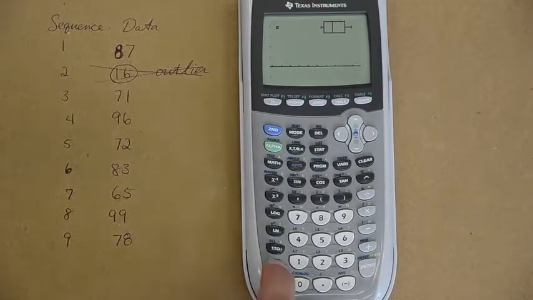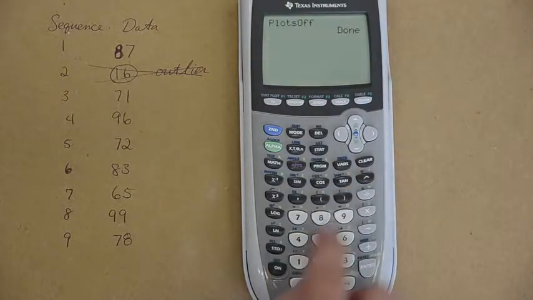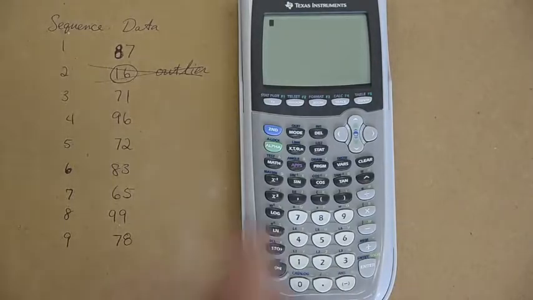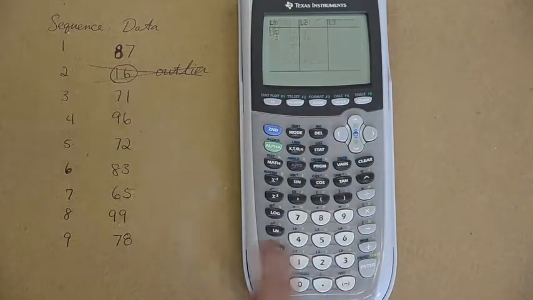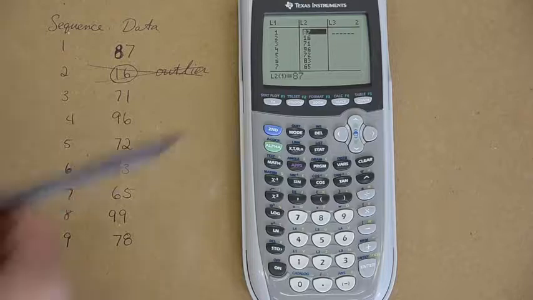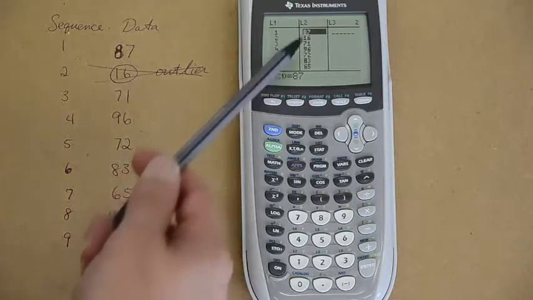If you remember, I put these numbers in and said we wouldn't use them for a few minutes. Stat, edit, and here we have list 1 as being the sequence of when these grades were taken or data was collected, and we have the outlier.